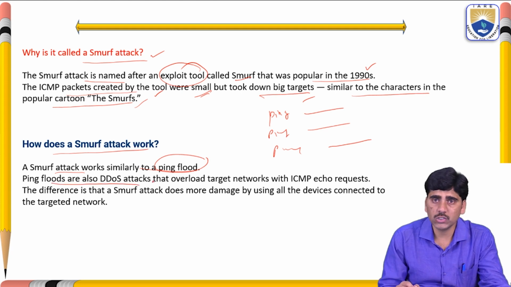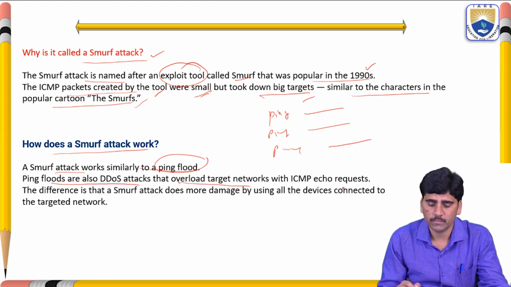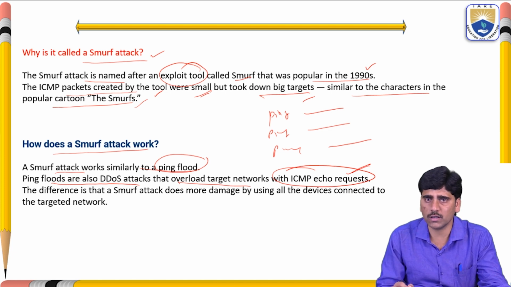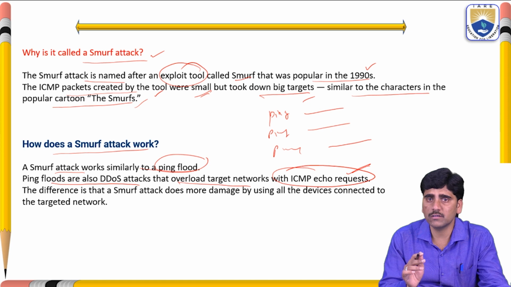Ping floods are also DDoS attacks that overload target networks with ICMP echo requests. They send a huge number of ICMP echo requests to the target system.